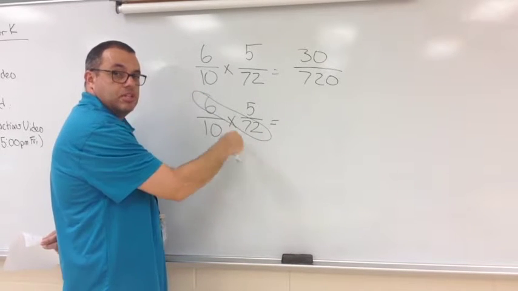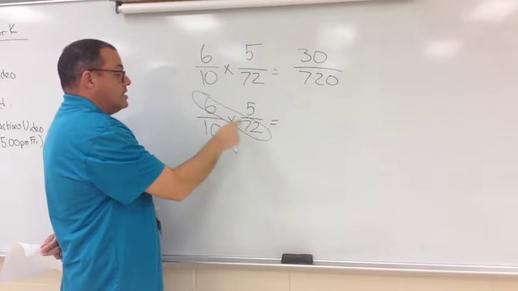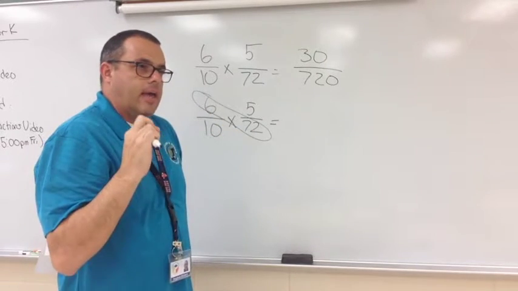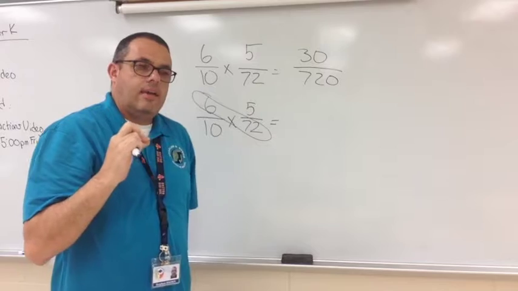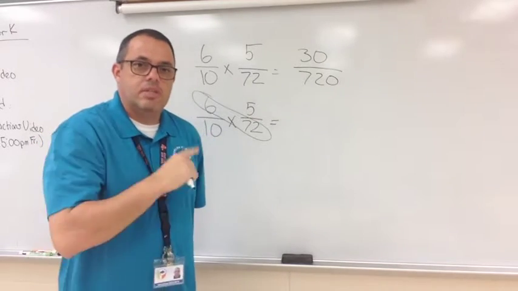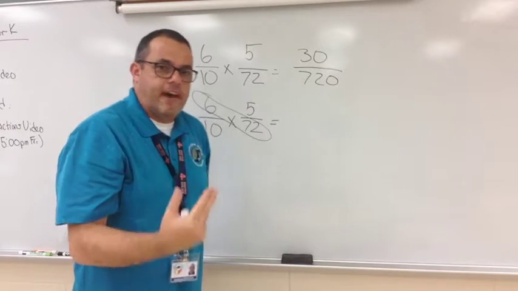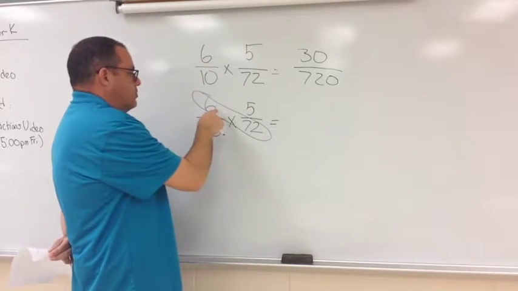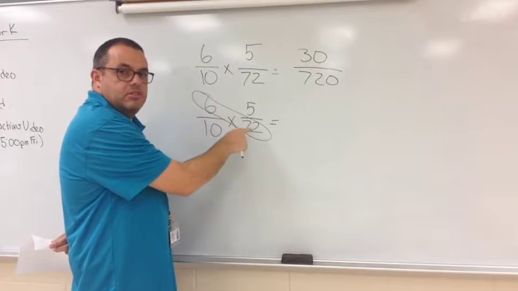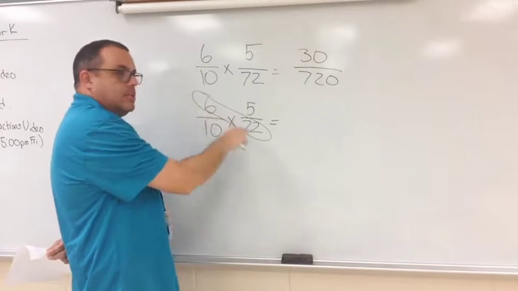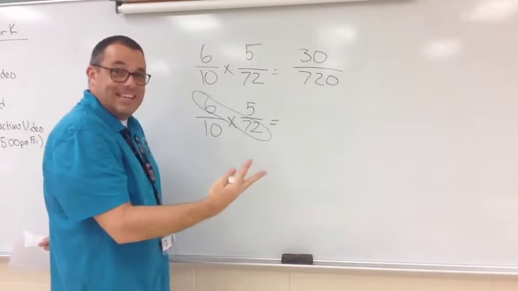Okay, I'm cross-reducing, that's what this is called. So I'm looking at 6 and 72. And I want to think, well, what is the greatest common factor between 6 and 72? Okay? So if I think about my basic facts, well, I know that 6 times 12 is 72. So I know that my greatest common factor between these two guys is 6.